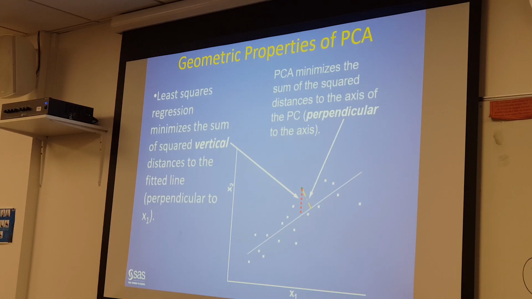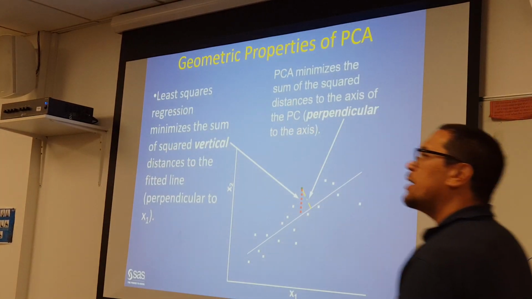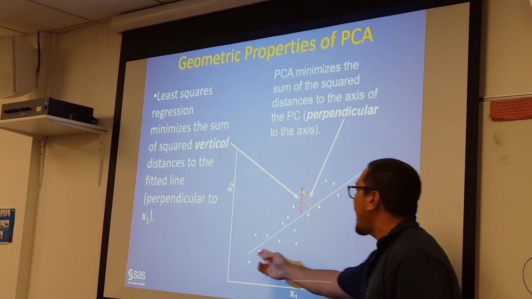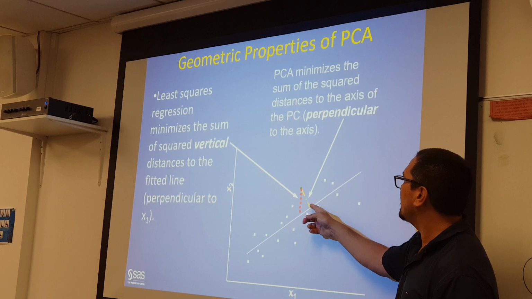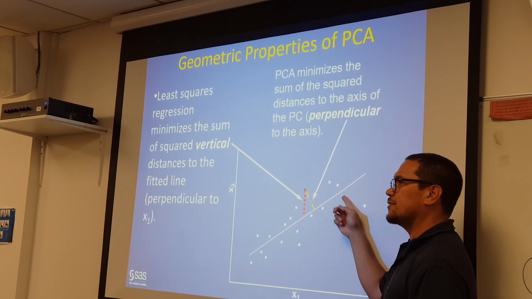So this is getting to what Chow was saying about the geometric properties of PCA. What is PCA doing? It's trying to minimize the information that is lost. If you draw a single axis through a 2-dimensional data set, what you're trying to do is minimize these distances.